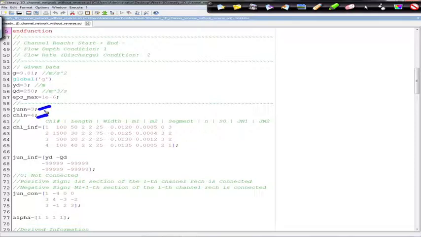This is the channel information matrix and junction information matrix, with YD and minus QD is minus 250. This is junction connectivity, and for each channel we need information about alpha. In this case 4 alpha values are there.